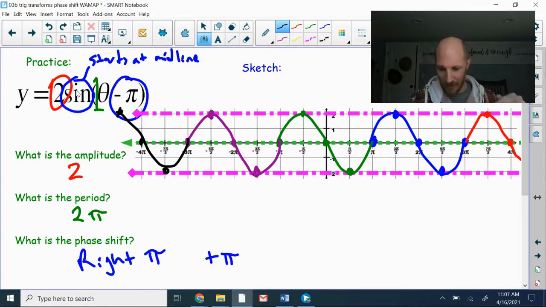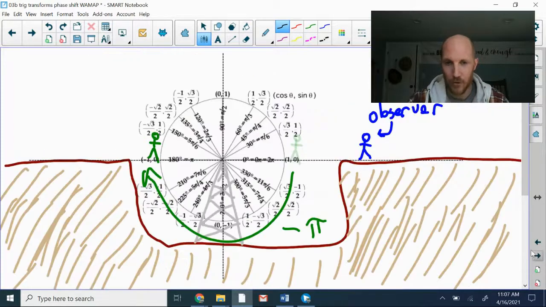So if I back up by pi, that's going to put me on the left-hand side at the midline, as illustrated by my lovely assistant, Green Graph Walker, a little ghost image where we were starting at 0 radians, but if we back up by pi, puts us on the other side of the circle halfway around over here at the 180 degree mark, or at pi on the unit circle.